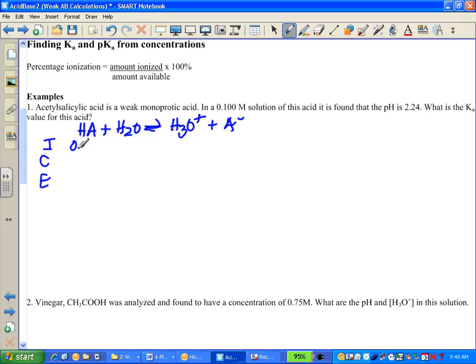So I prepared a solution of 0.1 molar HA. Now water, we don't need anything about it in the equilibrium because it's not included in the equilibrium law. When I first prepared the acid, initially there's no H3O+ or A-. From this we can record our changes.